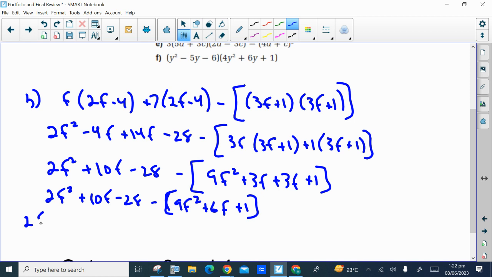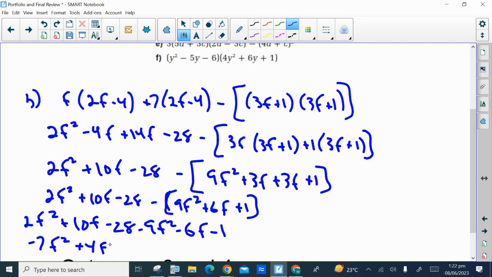And a negative sign in front of the bracket changes all the signs inside that bracket. So the 9f squared will become negative, the 6f will be negative, and the 1 will be negative. This will give us negative 7f squared plus 4f minus 29. There's your final simplified answer for that one.